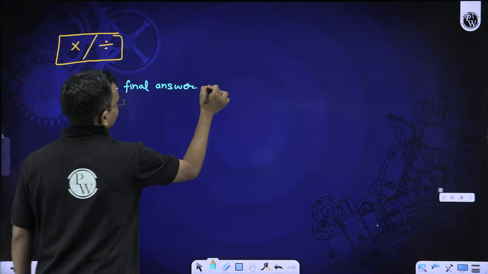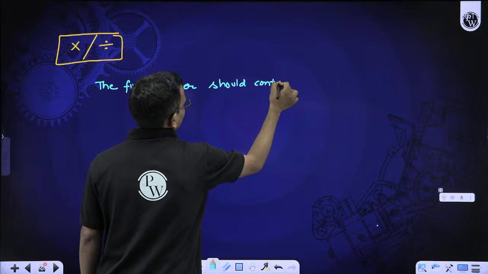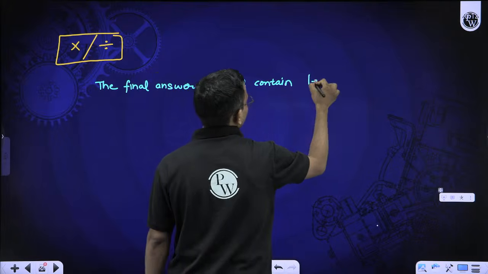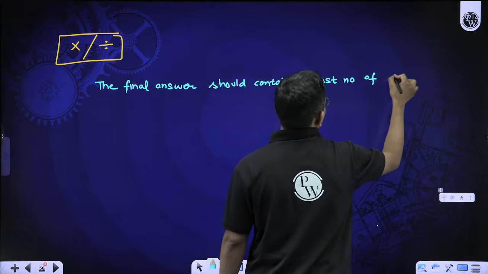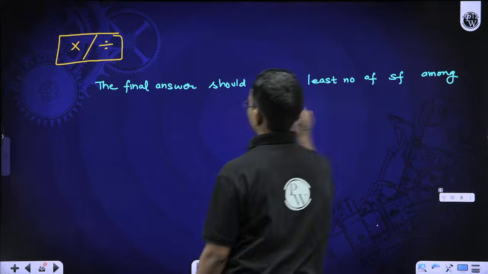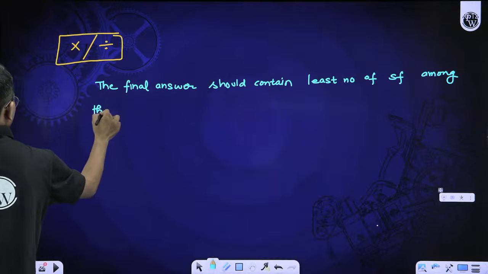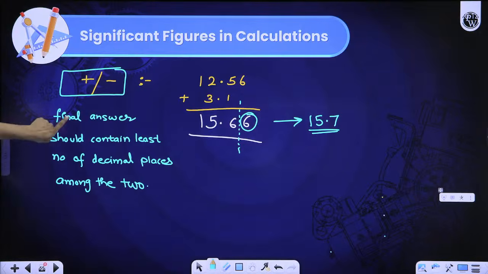should contain least number of significant figures among the two. Don't get confused. For plus minus, least number of digits after the decimal place.